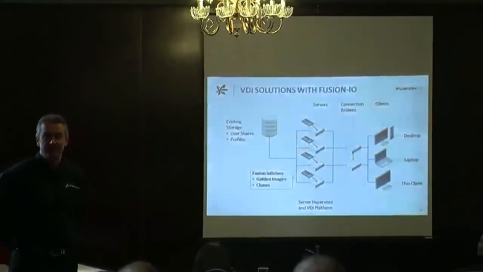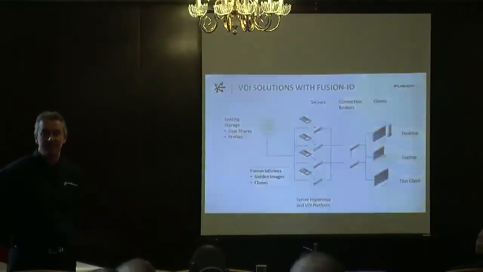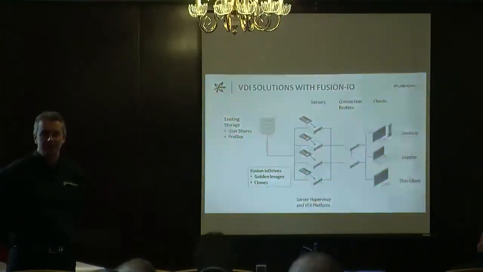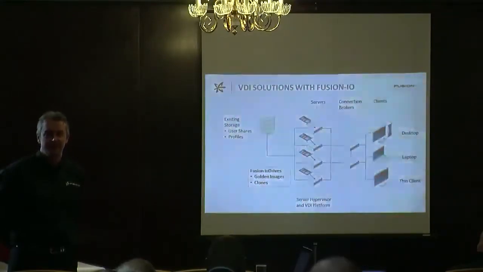Our densities are such that our devices are lower cost than equivalent memory, but for many workloads, it doesn't matter how much memory you put in a server, it's still going to try and go to a persistent device because it wants to store that information. So we can serve up read workloads, write workloads, mixed workloads. Memory tends to just deal with the read workload, and disks tend to deal with the write workload.